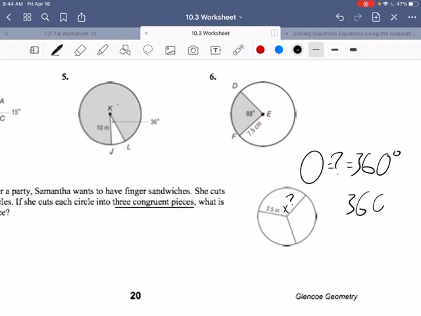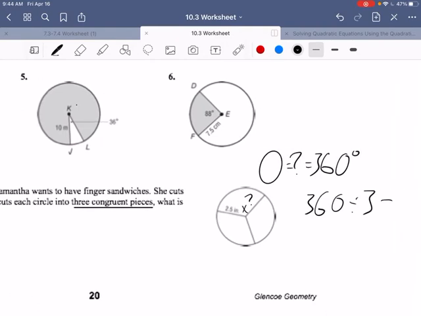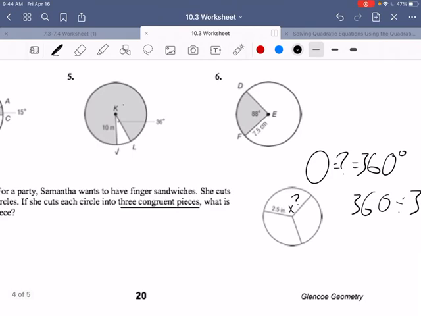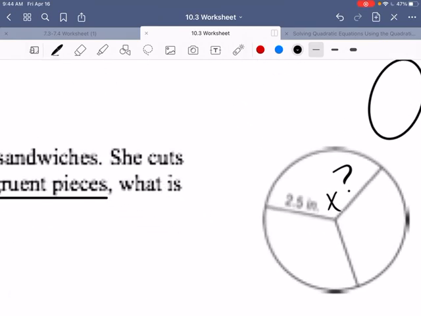So they're each 120 degrees. So our mystery number, when the radius is 2.5, our angle is 120 degrees. Okay, and all you need to do is solve from there just like we solved up here.